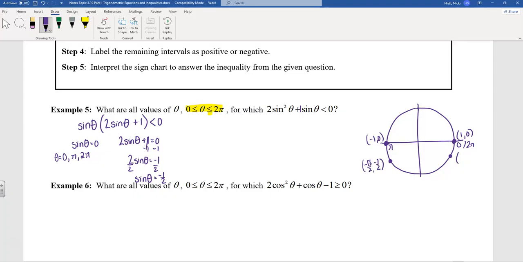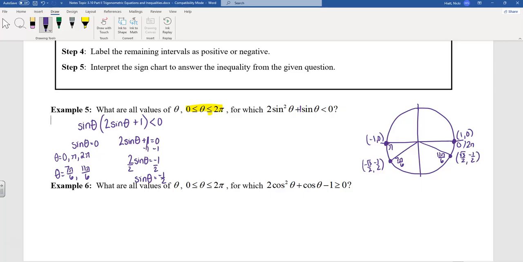And right here we've got positive root 3 over 2, negative 1/2. Okay, and this is at 7 pi over 6, and this is at 11 pi over 6. So here I'm getting theta equals 7 pi over 6 and 11 pi over 6.